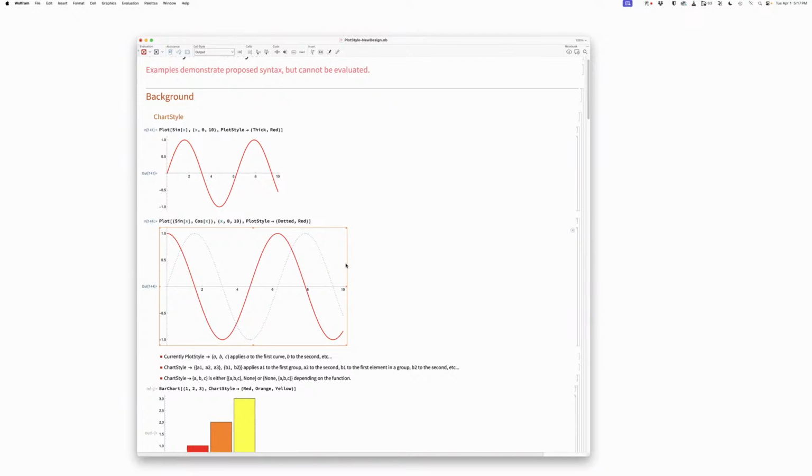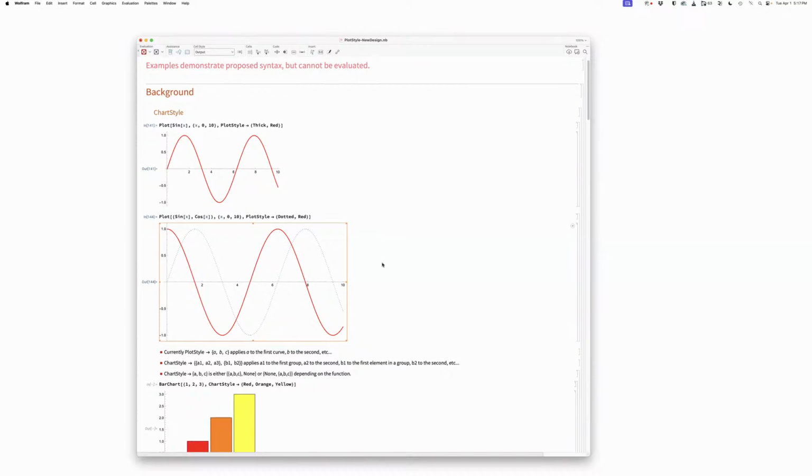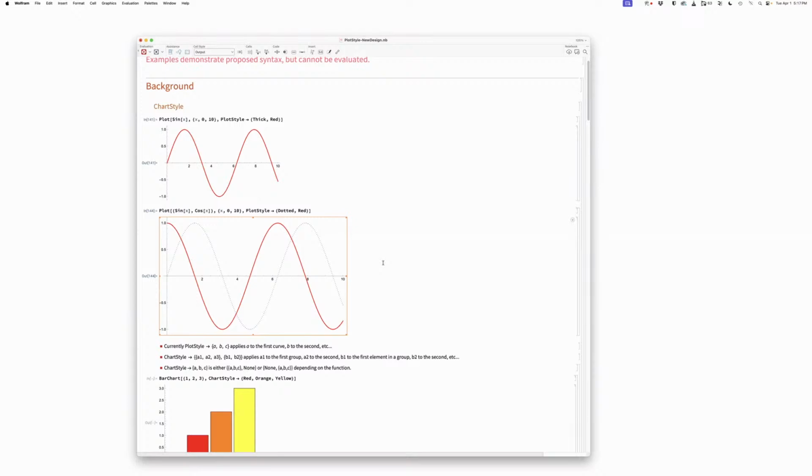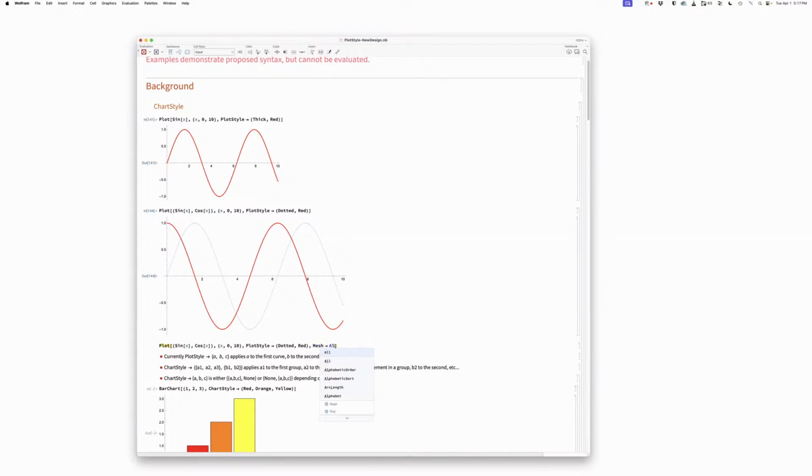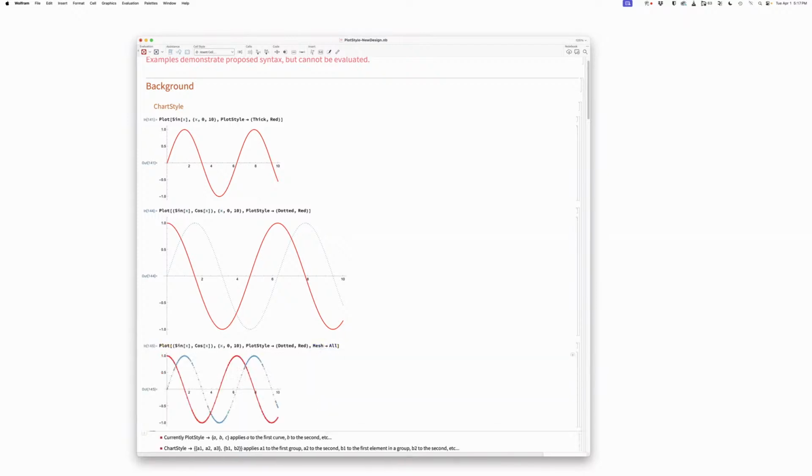There are dots very close together at the peak. Maybe it was an anti-aliasing issue. In any case, Plot does have adaptive recursion. If I were to say Mesh -> All, I should see the adaptive points. Of course, those go in there, but that's a different thing.